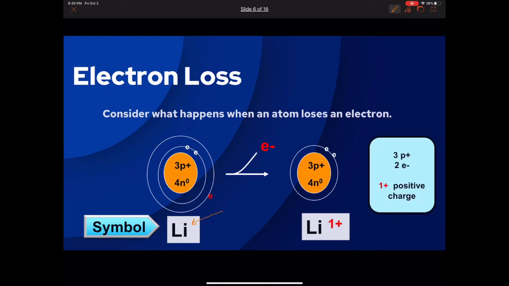So that charge, once again, comes from the difference in the subatomic particles. The positive 3 from the protons minus the 2 electrons gets you a positive 1 charge, and that's how we designate or assign that charge to the ion.